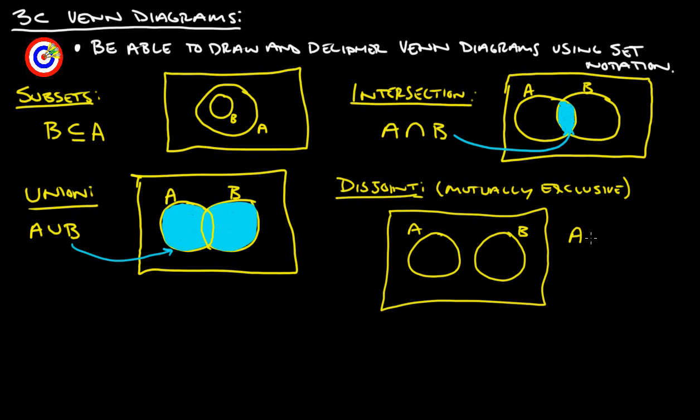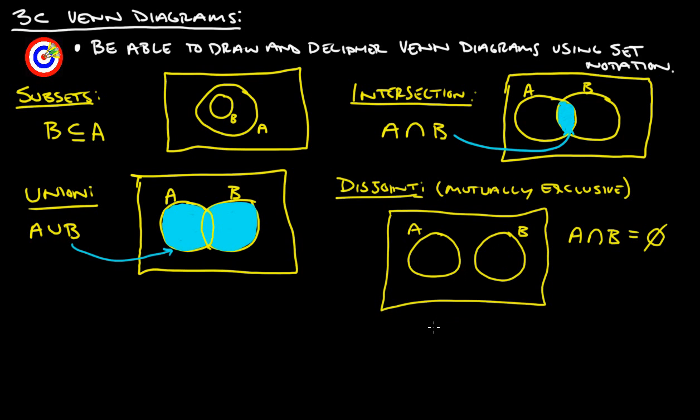So A intersect B on this here would be, there is no intersection, so there's no overlap. No elements in A are in B, and also no elements in B are in set A.